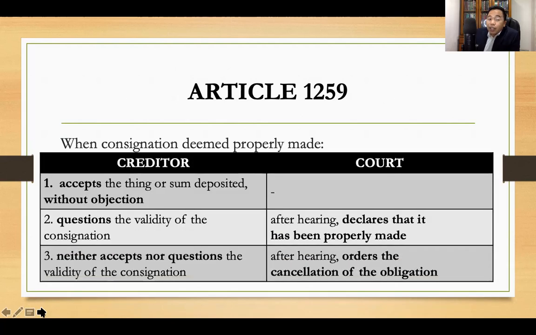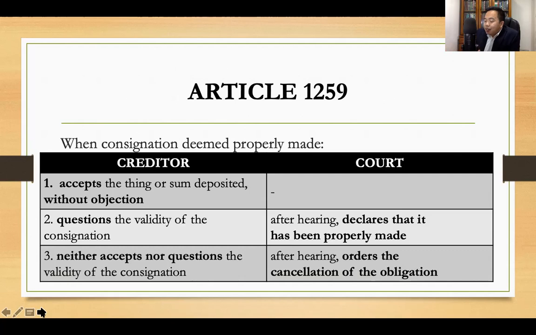Now, when is consignation deemed properly made? Number one, the creditor accepts the thing or sum deposited without objection, questions the validity of the consignation, or neither accepts nor questions the validity of the consignation. And that the court, after hearing, declares that it has been properly made. After hearing, it orders the cancellation of the obligation.